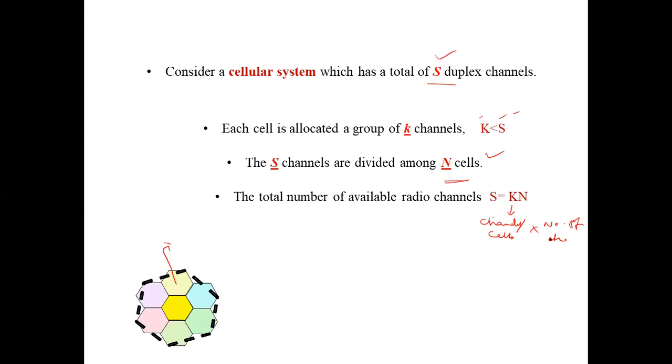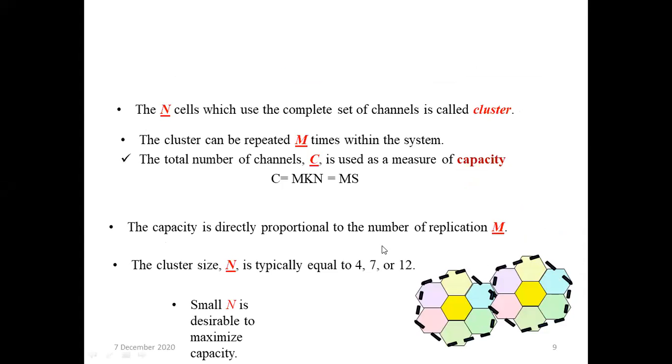Let us say channels are 7 and number of cells are 7, then there are 49 total available radio channels here. Originally I have only 7 channels, then it is increased to 49 channels. The same thing I am continuing here. So I have N cells.